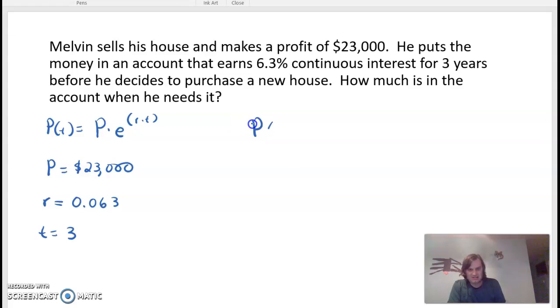So let's plug all that in. P of 3, for 3 years, equals 23,000 times e raised to the 0.063 times 3. So I'm going to put that in the calculator and see what we have.